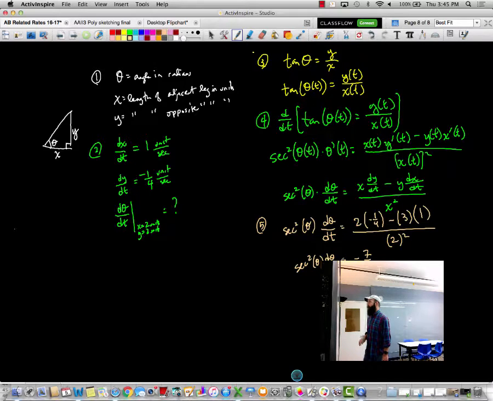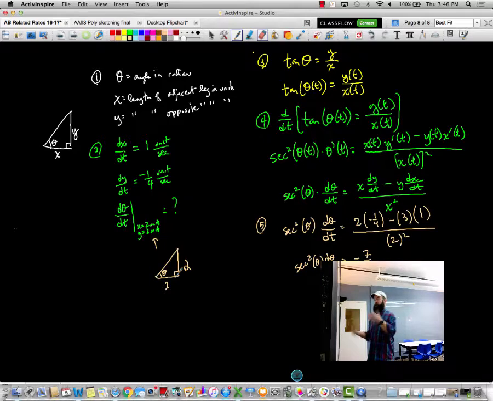You can check me. Now I need to know what secant squared of theta is. There's a couple of different ways you can do this, but I'm going to do it by going back to the information we know about the situation right now. At the instant we're trying to find the rate of change, x is 2 and y is 2. So if I wanted to take the secant of that angle right there, secant is the reciprocal of cosine, and cosine is adjacent over hypotenuse.